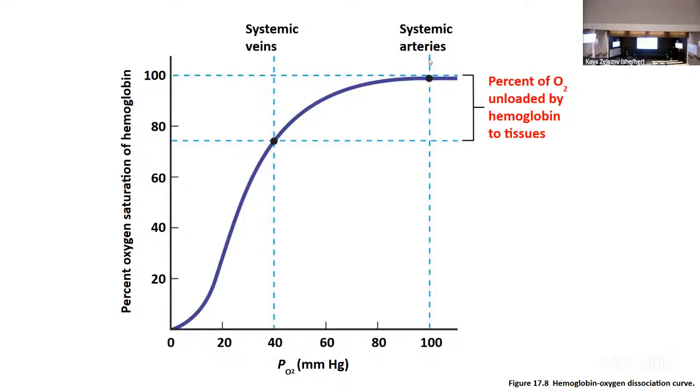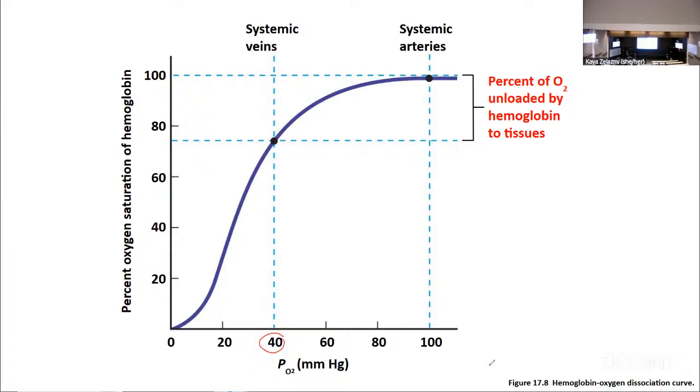Okay, so we had talked a bit about partial pressures that we expect to see in our arteries and veins, right? So we can see that here. Those are things that we're paying attention to. We know a typical partial pressure of oxygen in a systemic vein is 40. A typical partial pressure of oxygen in a systemic artery is 100. And these correspond to a certain saturation of our hemoglobin molecules.